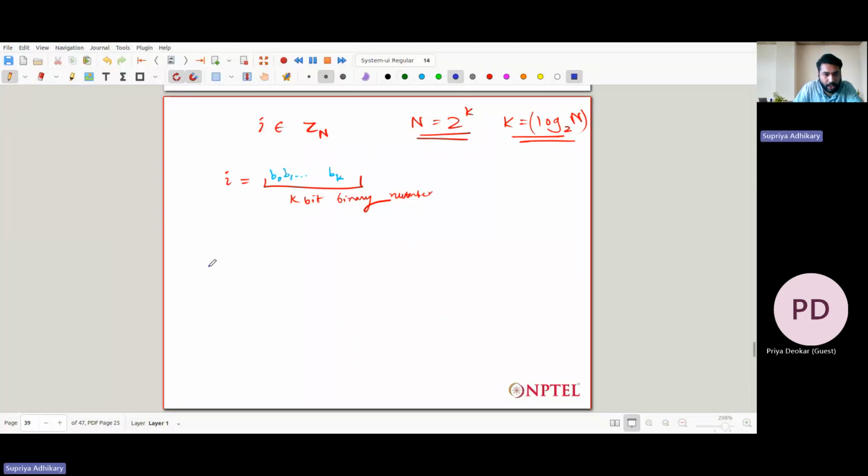Now Alice has these messages m0, m1 up to mn minus 1, and Bob has this I, which can be written as b0, b1 up to bk.